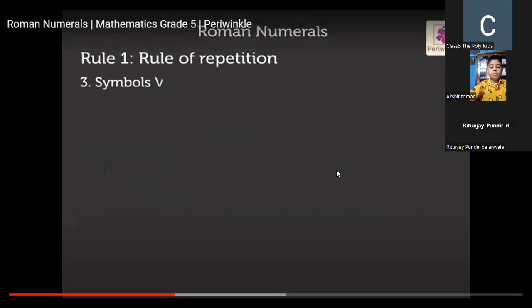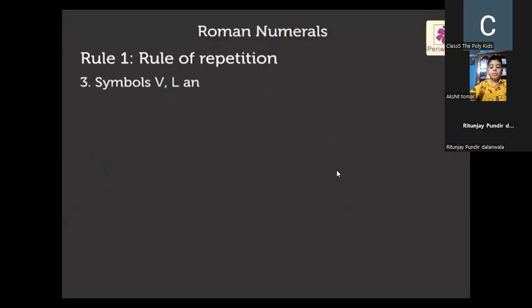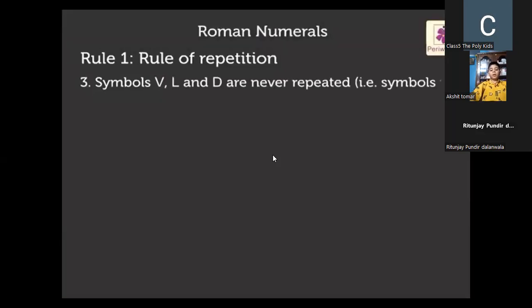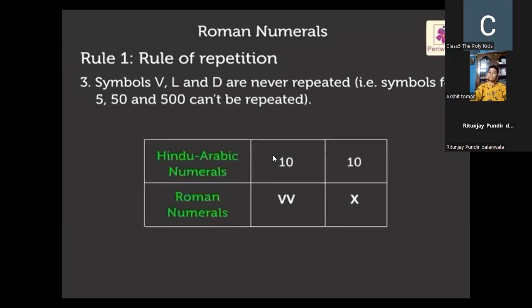The symbols V, L and D are never repeated. That is, symbols for 5, 50 and 500 cannot be repeated. This means that we do not write the number 10 by repeating V, but as X.